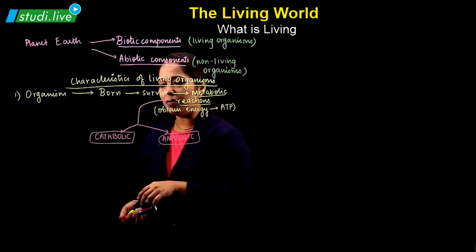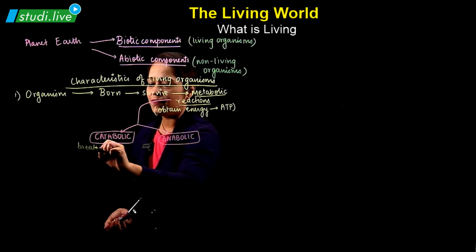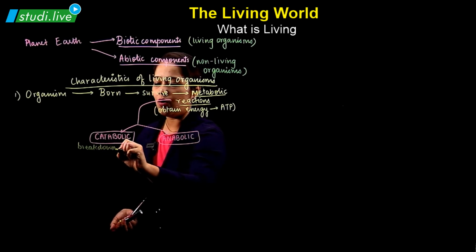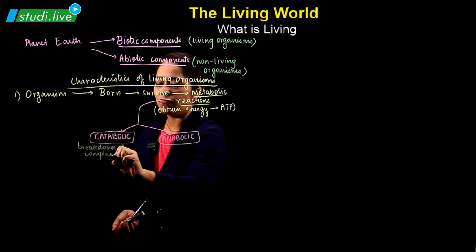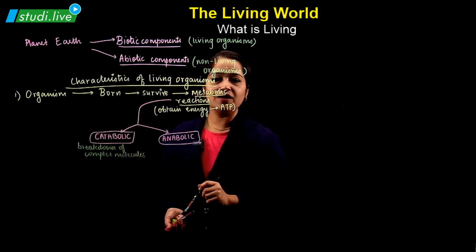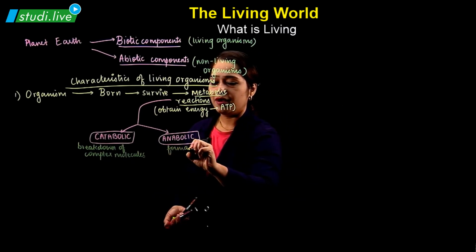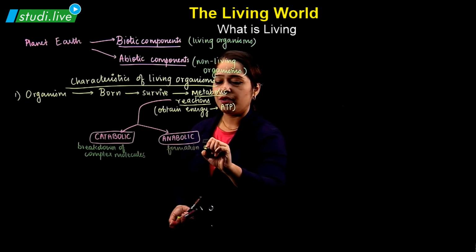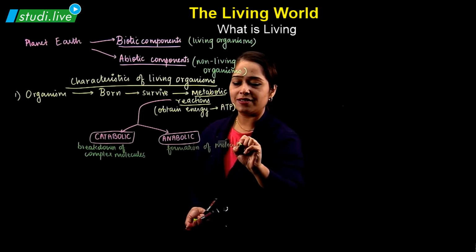So this breakdown of complex molecules is called catabolic, and when we say anabolic, it is the formation of molecules from simple substances.